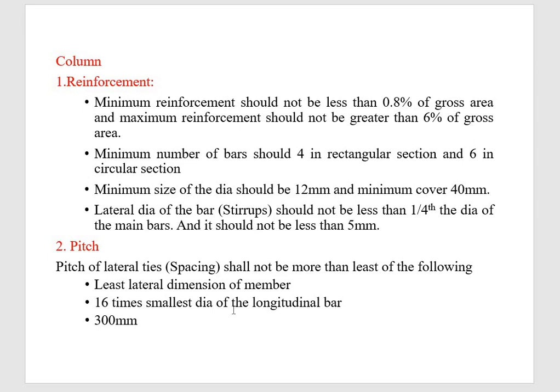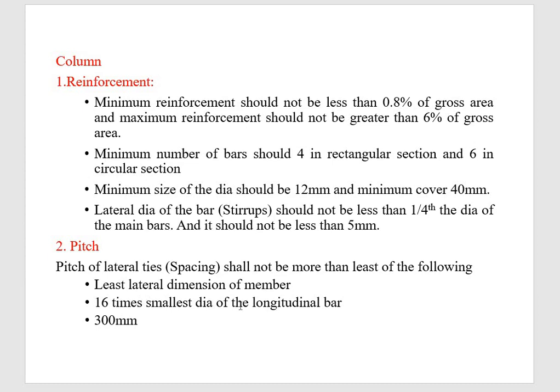That is one thing. And next is 16 times the smaller dia of the longitudinal bars. If in the column we are using 12 mm and 16 mm, whichever is the least, we should consider that. So it is 12 mm, and 12 into 16 is the value we need to take.